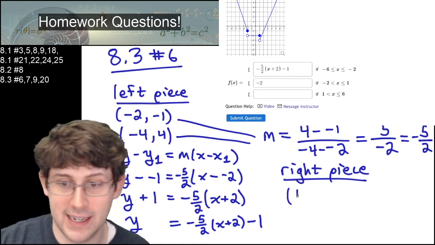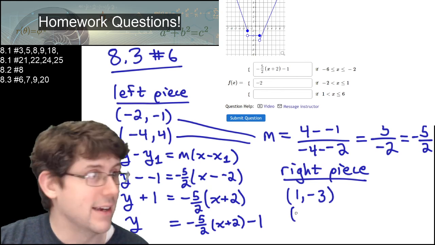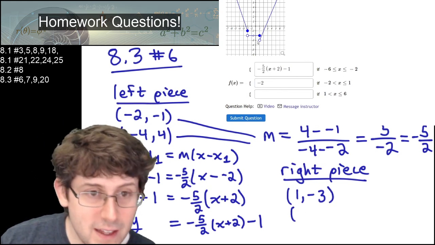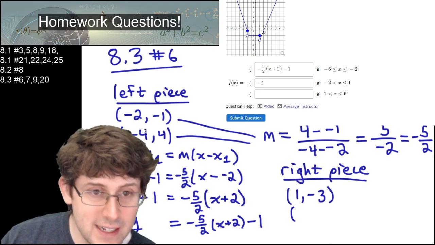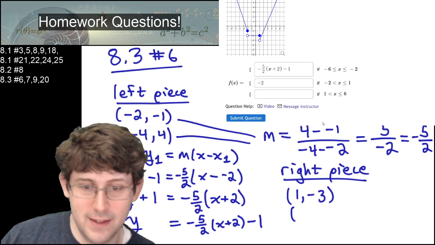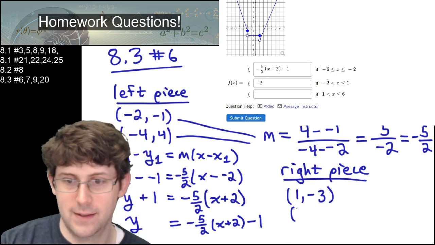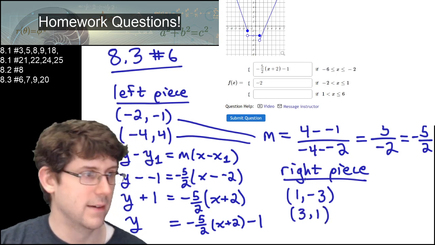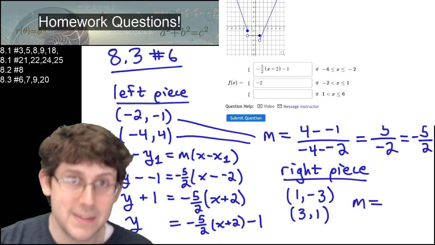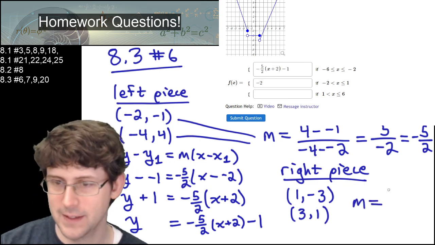The end point is at (1, -3), and I don't have another end point, so I look for another point where it perfectly hits the grid. It looks like mine hits at (3, 1). Combining these two together, I can get a slope, and then I can use point-slope form to get an equation of this line.